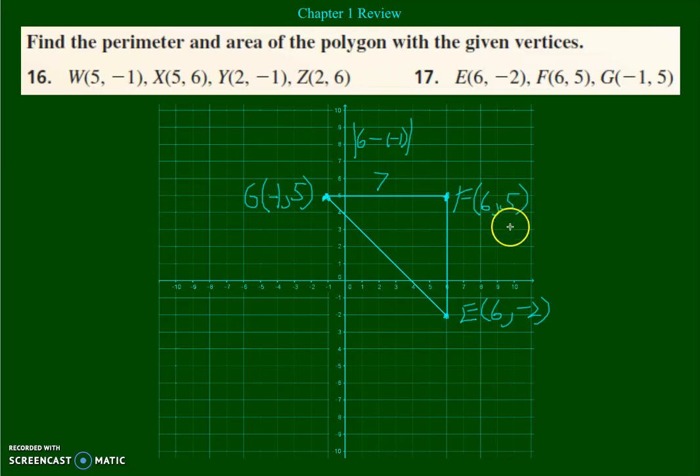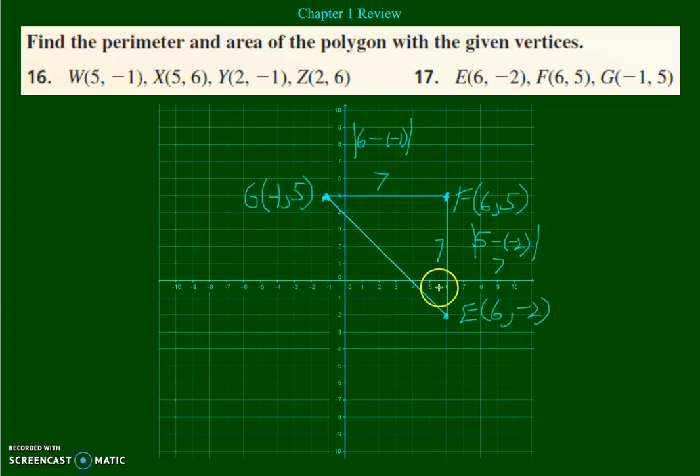This vertical one, we're going to use the y-coordinates. So we have 5 minus -2, absolute value. 5 minus -2 is 5 plus 2, which is 7 again.